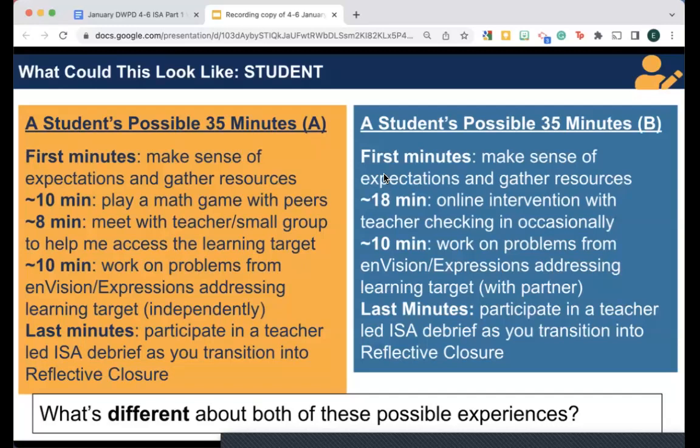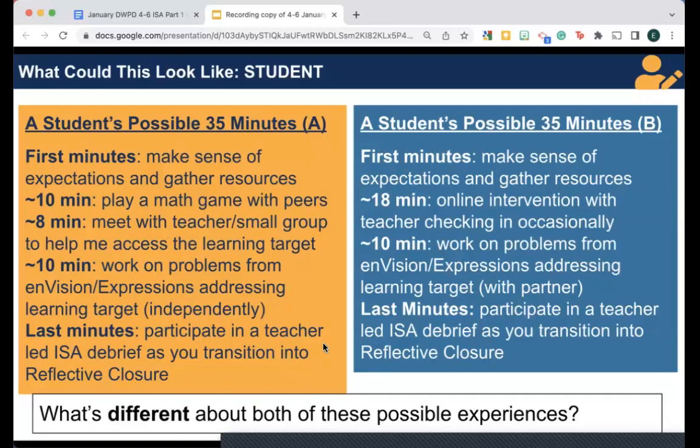For me, one thing I notice that is the same is that at some point, both of them are practicing the learning target. Everybody wants to do some learning target practice during ISA. Both of them also have that initial opportunity to understand what's happening and that closure at the end.